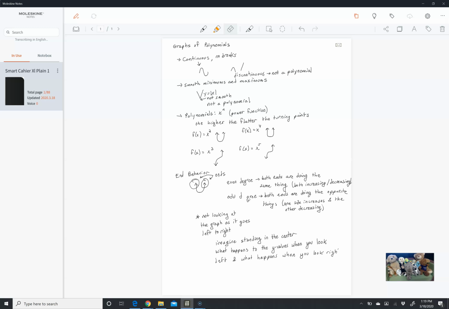So for example, let's say that we have this very nice graph. This is an example of a graph of a polynomial. You're going to get a better idea as to how we come to get a graph like that. You are standing right here. This is you.